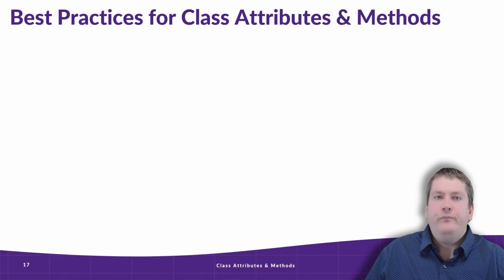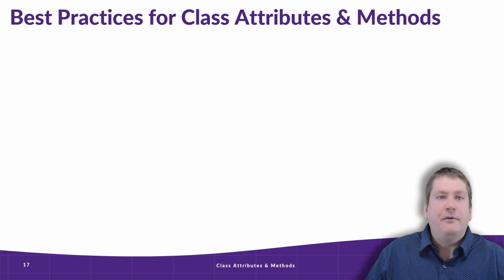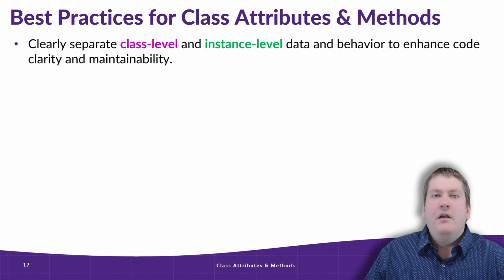So what are the best practices for using these class attributes and methods that we've discussed in this video? Well, the first one is to clearly separate class level and instance level data and behavior to enhance code clarity and maintainability. We want to try to keep them separate and as clear to the reader as possible.